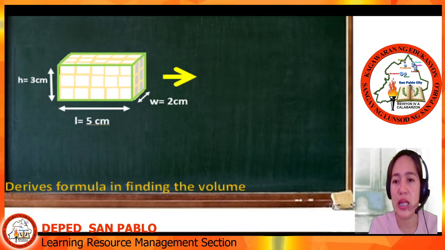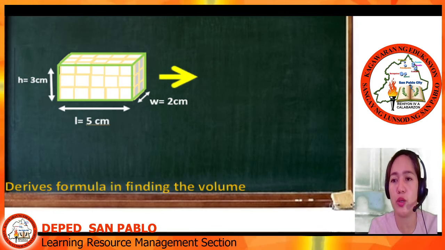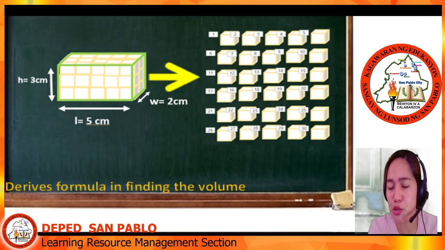Now, again, let's go back to our rectangular prism with 30 cubes inside. And if we're going to count the number of cubes by looking at these pictures, we can have 30 cubes inside this rectangular prism.